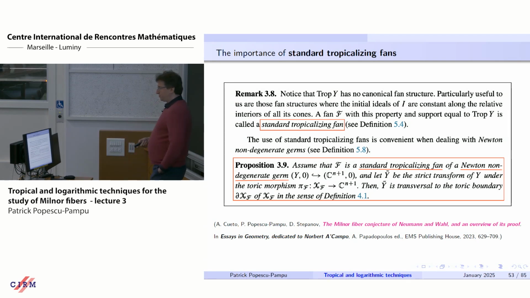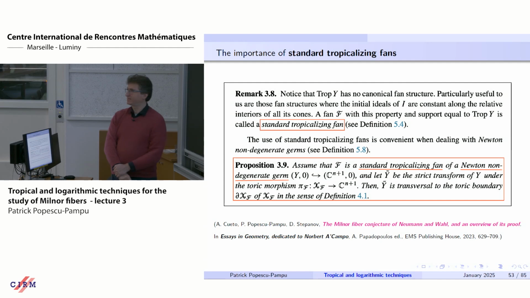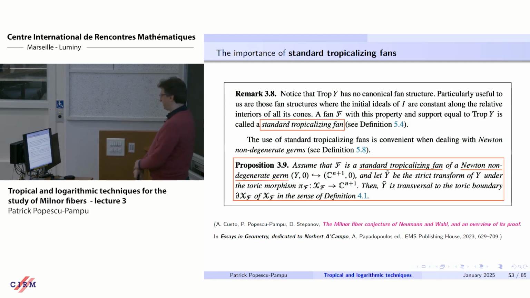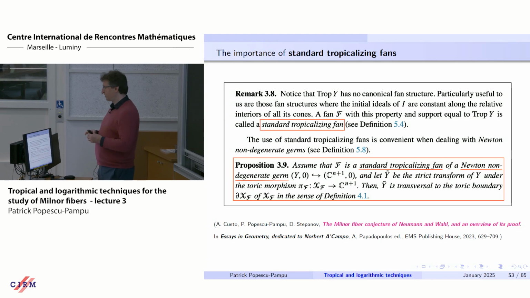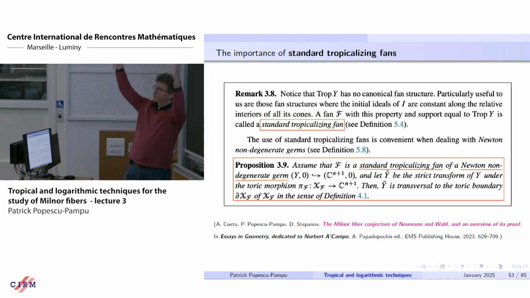And so what is important for us is this proposition, which says that if we have a Newton non-degenerate germ and we fix a standard tropicalizing fan of it, and now we look at the strict transform under the associated toric morphism, then this strict transform is transversal to the toric boundary of the total toric space. So we have the transversality about which Teissier was speaking in his question.